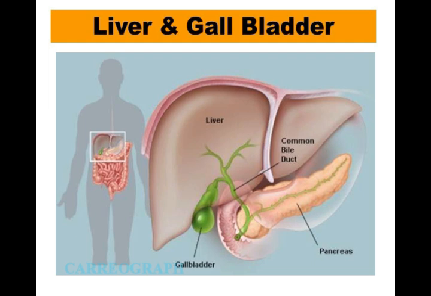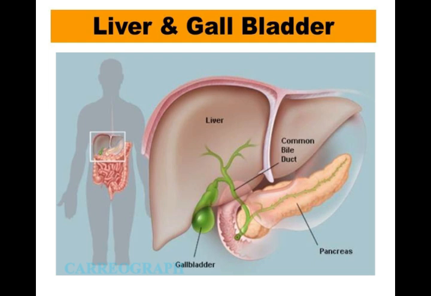The main function of the gallbladder is to store bile, which is released into the duodenum in the small intestine with a duct. See, this gallbladder is also attached to the liver through a duct, and this duct is common for the gallbladder as well as the liver. So this duct is also called the common bile duct.